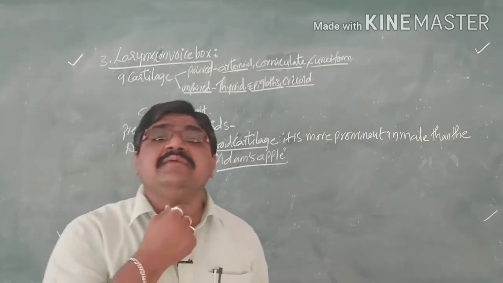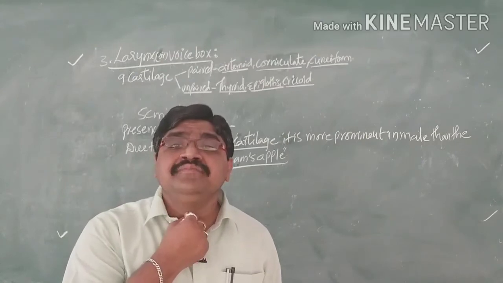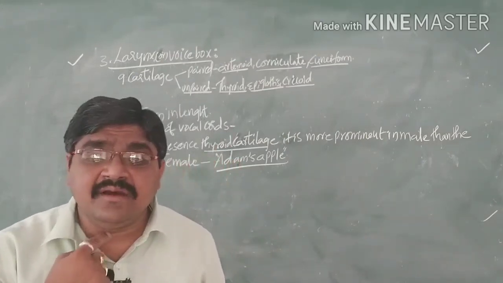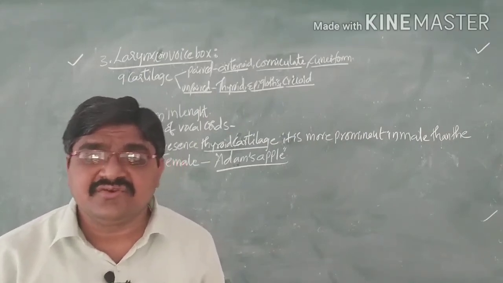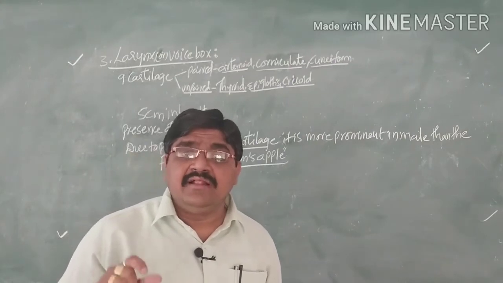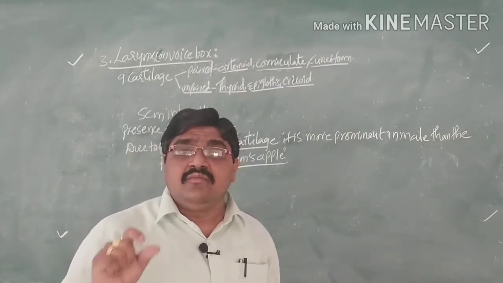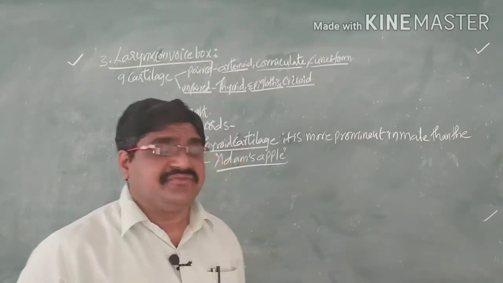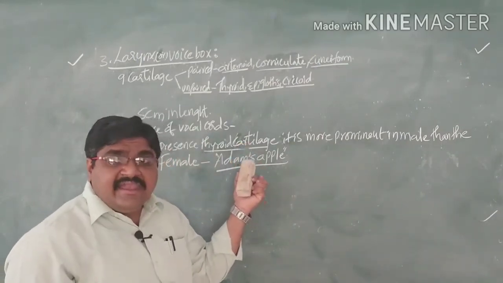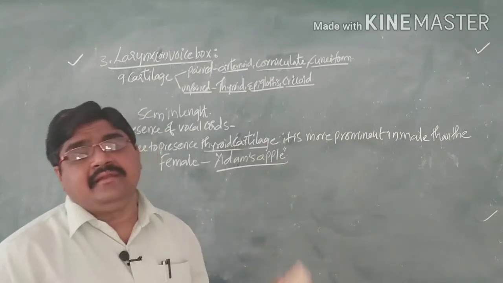In males we can clearly see the Adam's apple, but in females it is not shown, meaning it is less developed. In males it is more prominent due to the thyroid cartilage, and that structure is called the Adam's apple.